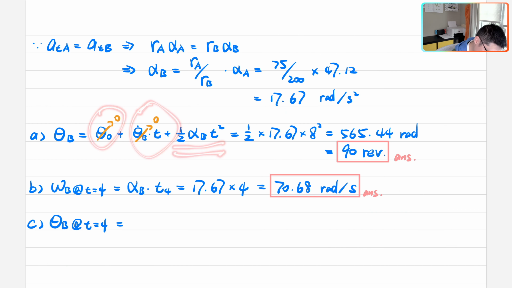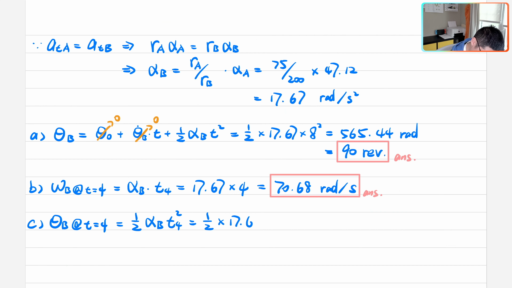We just have this term, 1/2 alpha, the acceleration, t squared at 4 seconds. In this case, we're subbing t equal to 4, 4 squared. 141.36 radians, and convert this into revolutions because you're asked to calculate how many revolutions. 22.5 revolutions.